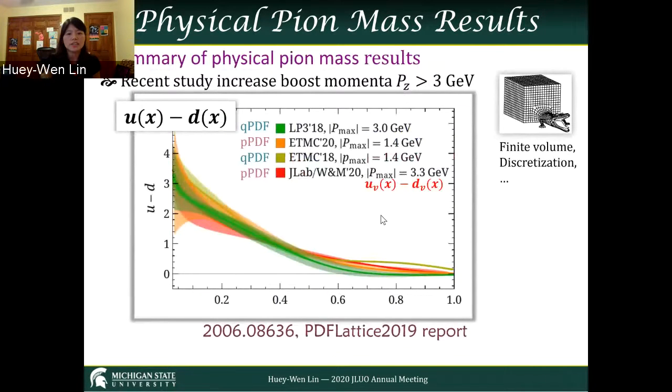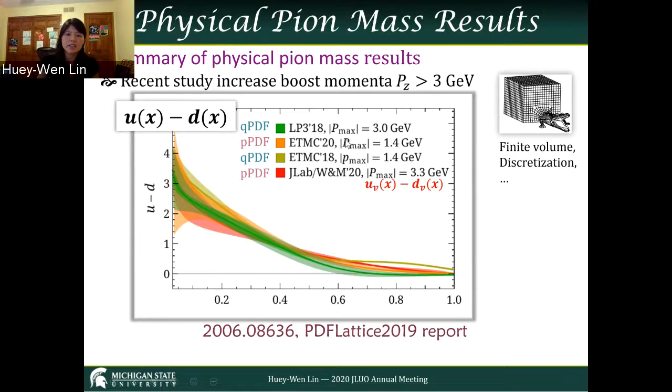And today, this came out just earlier this month. There are multiple different quasi and pseudo PDF calculations, and they also extrapolate either directly at the physical pion mass or extrapolate to the physical pion mass. And then there's a JLab result, which is not exactly the quark distributions, but a valence distribution.